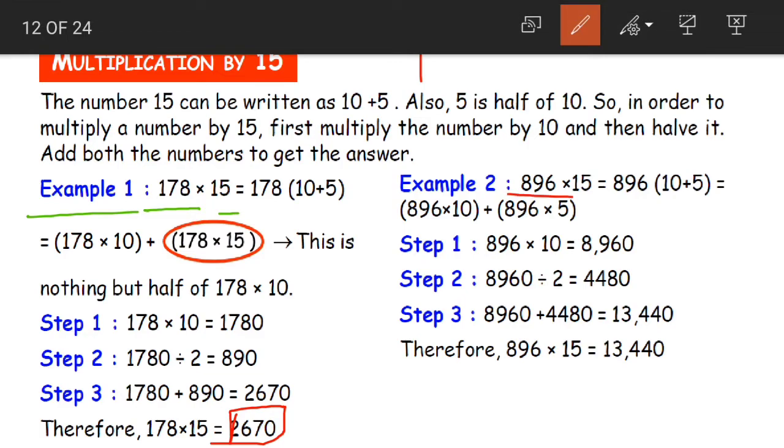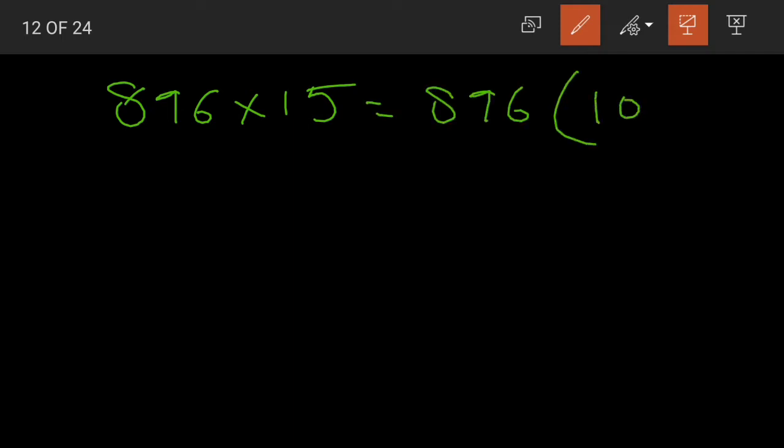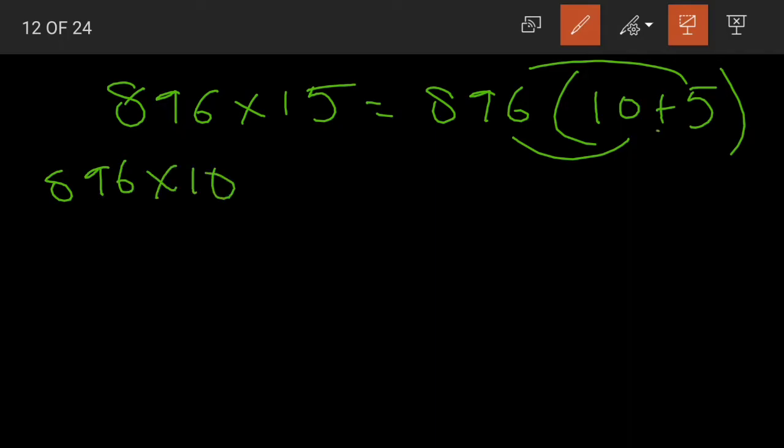Now let us take another example and solve 896 into 15. Yes? What is the first step? This 896 into 15 is written as 10 plus 5. Now we should distribute it: 896 into 10 plus 896 into 5.